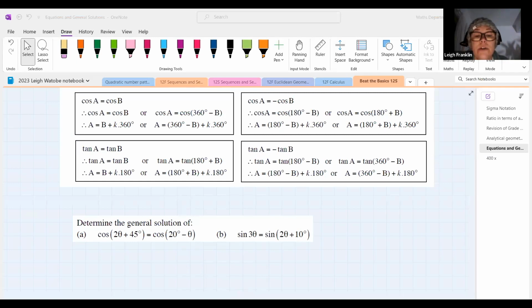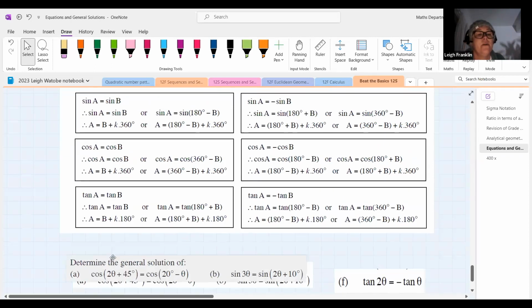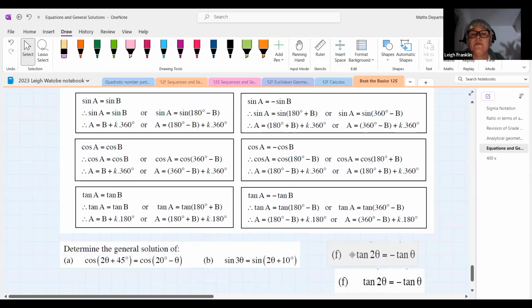Or if you wanted to do this one, here's one more difficult question. You can try this one as well. Okay, so there are 3 questions based on these rules that you guys can play around with. Okay, Matrix.